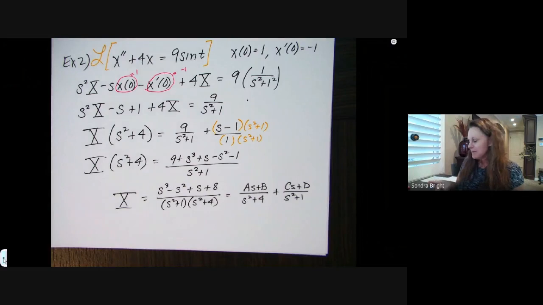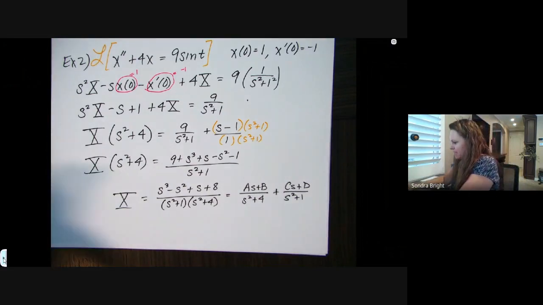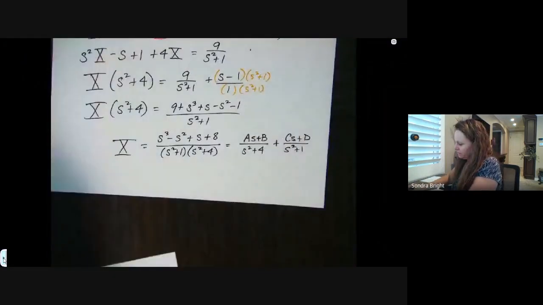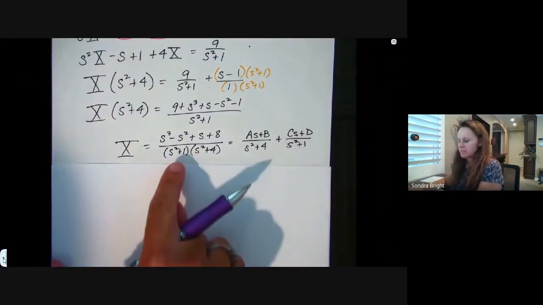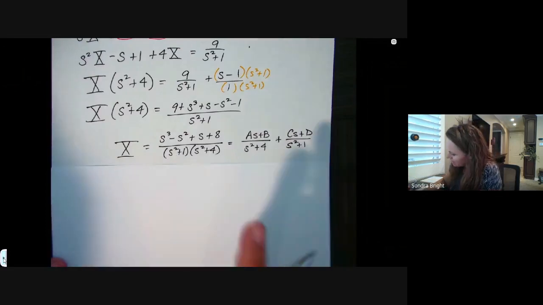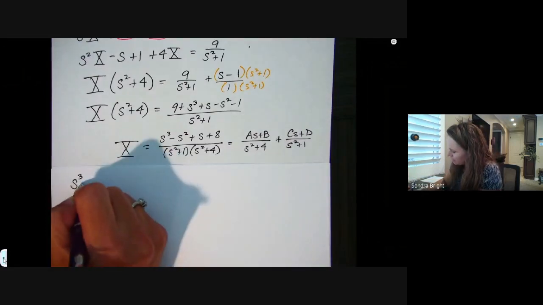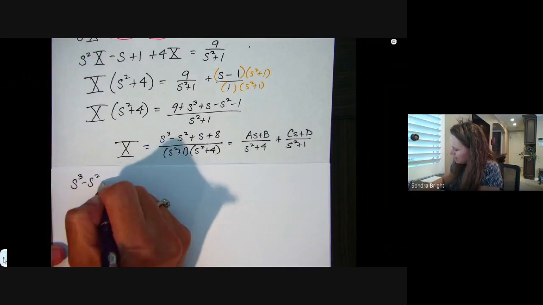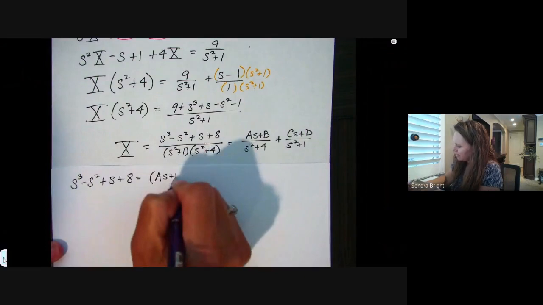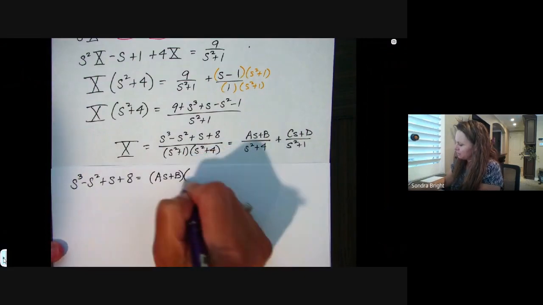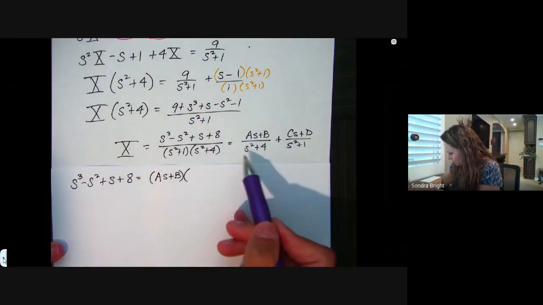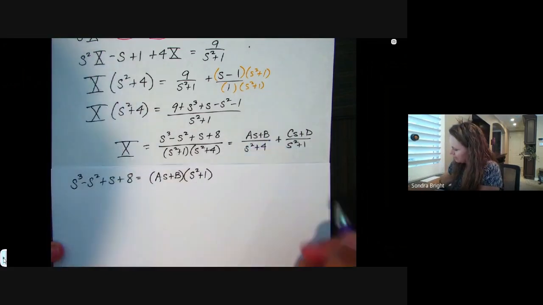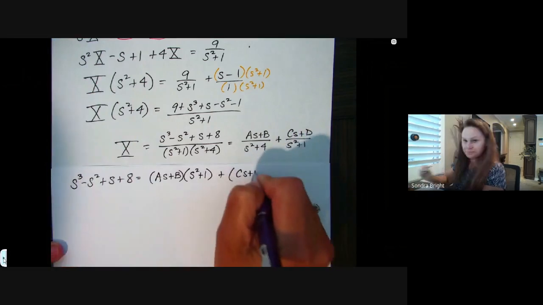Multiply both sides by the common denominator. When I multiply both sides by s squared plus 1 times s squared plus 4, I'll have s cubed minus s squared plus s plus 8 equal to as plus b times s squared plus 4 will cancel, so I'll still have an s squared plus 1, and then plus cs plus d times s squared plus 4.